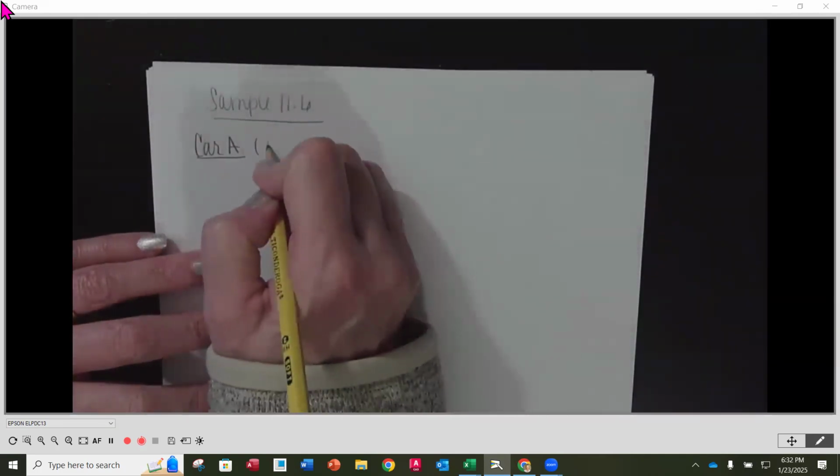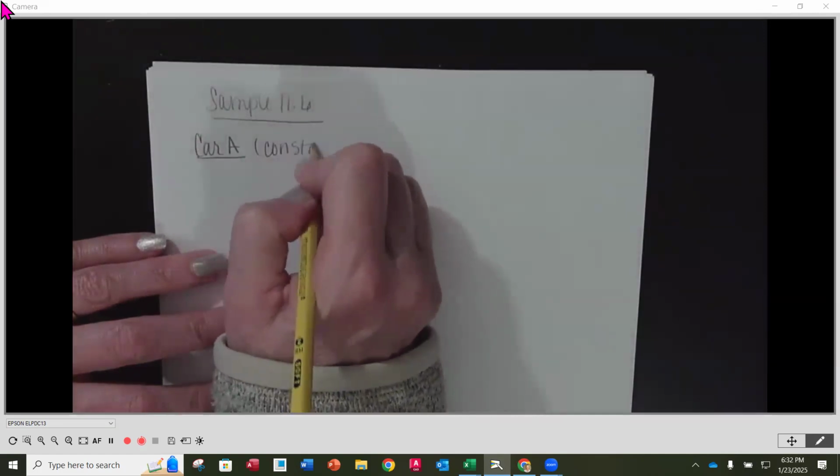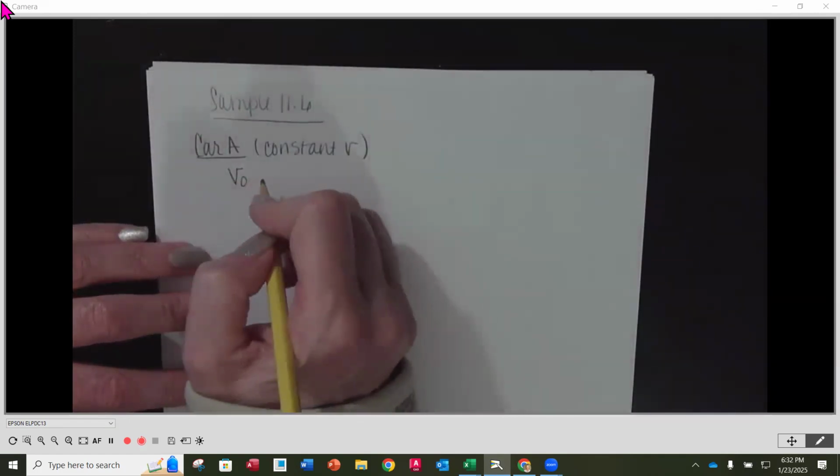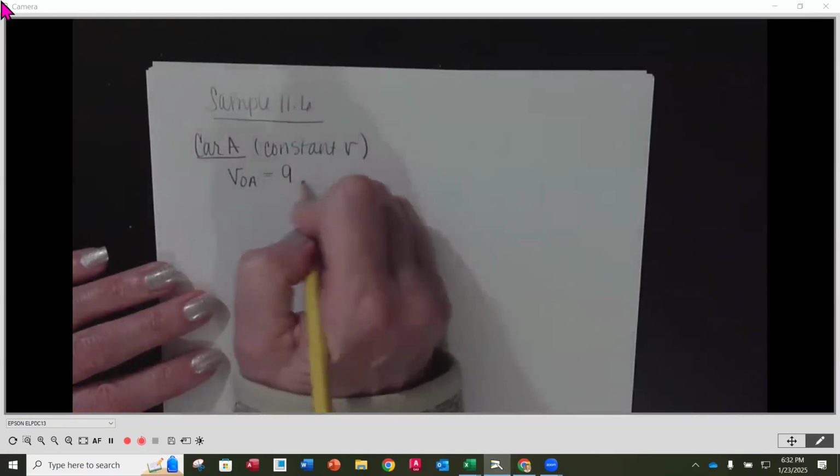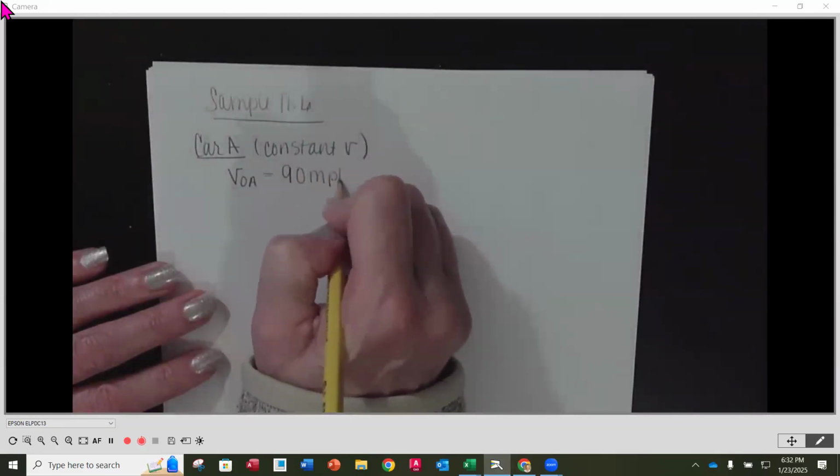Car A. So this is the actual car that's going 90 miles per hour. Now, the condition that this is under for the entire time is that it has a constant velocity or uniform motion, as the book refers to it. So we know that the original and final velocity of car A is going to be 90 miles per hour.